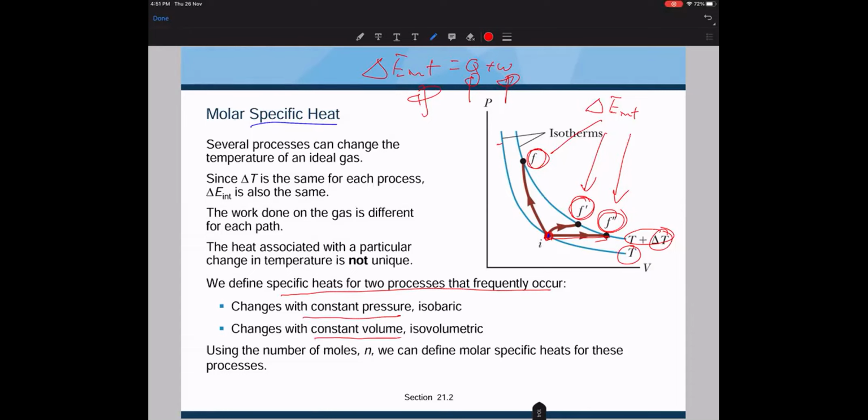In those two cases, when you change the state from I to F, there is a change in temperature. So this would involve, of course, a change of internal energy, but at the same time, you have to supply the heat to do the process. So we try to determine what is the value of Q in the two processes.